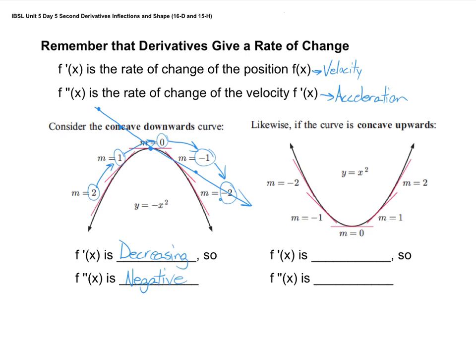So you can now see that if that's our derivative, and this was our original function, the derivative is decreasing because its slope is negative. So the second derivative is negative. And that's why this thing is concave downward.